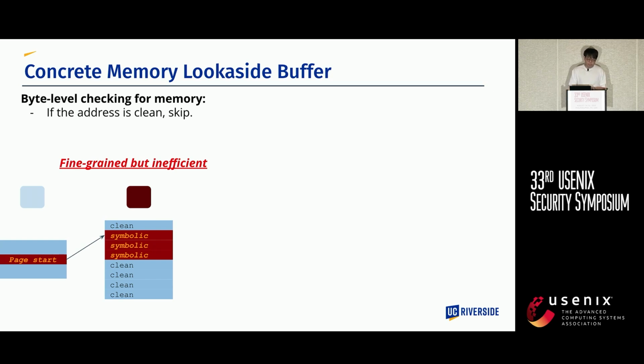As for the shadow memory checking, existing works like QSym and SymQEMU use a two-level map to model the symbolic memory. When checking the symbolic memory, it first uses the page start to locate the shadow memory in the map, and reads every byte of it to figure out whether this address is clean or not.